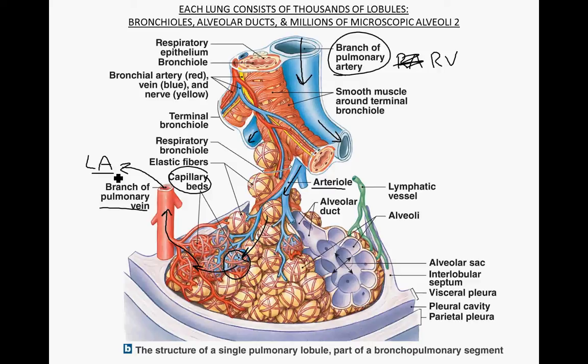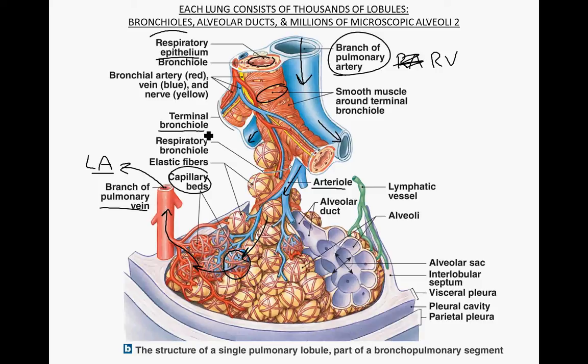Now let's go back and look at the airways that are accompanying this. So we are down at this, they're showing the respiratory epithelium lining this. So this is the airway. Right? And then there is smooth muscle around those airways that is able to constrict and dilate and open or close those airways.